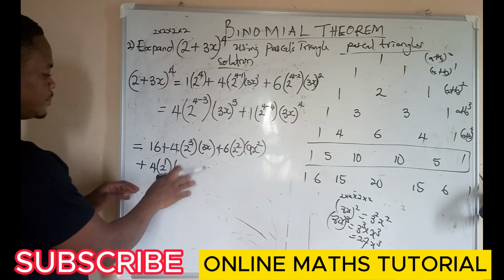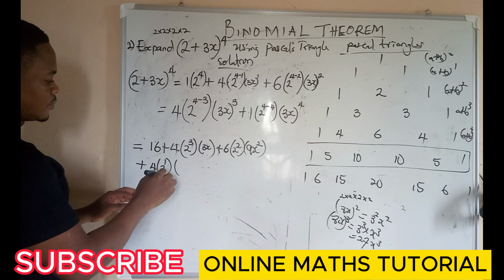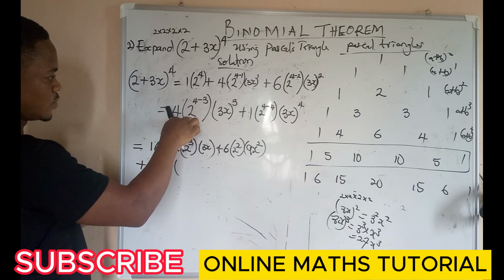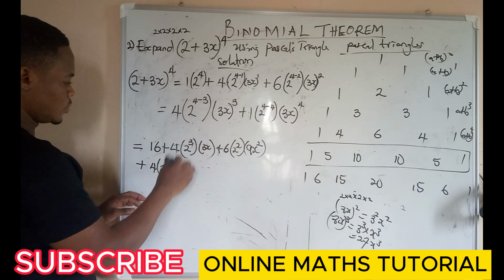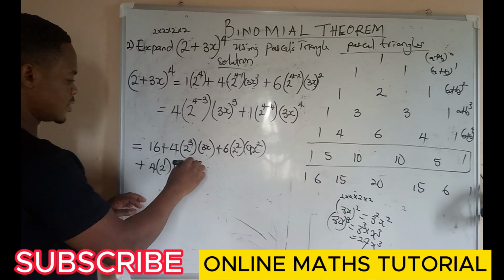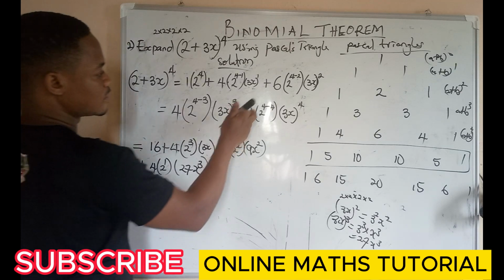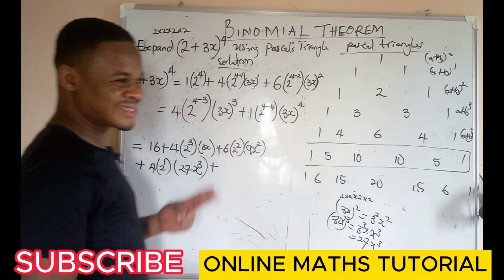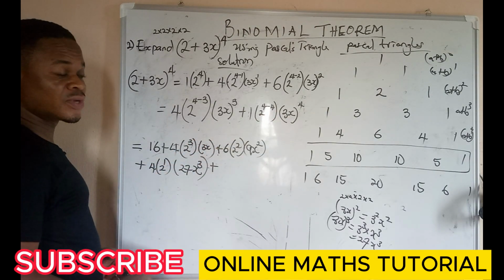So we have here 4 into 2 raised to the power 1 into 27x raised to the power 3, plus 2 raised to the power 4 minus 4 is 0, and 2 raised to the power 0 is 1.